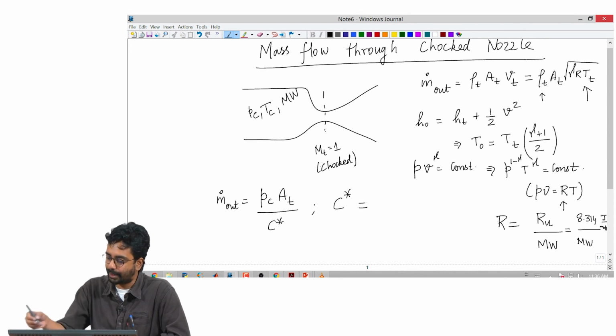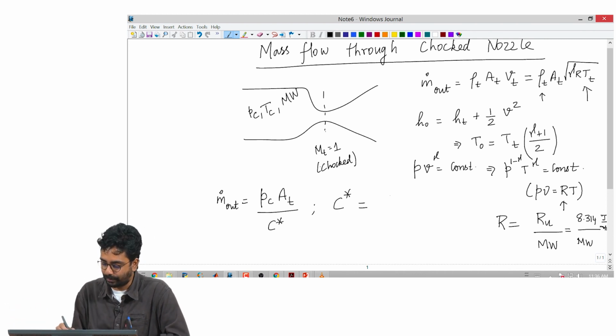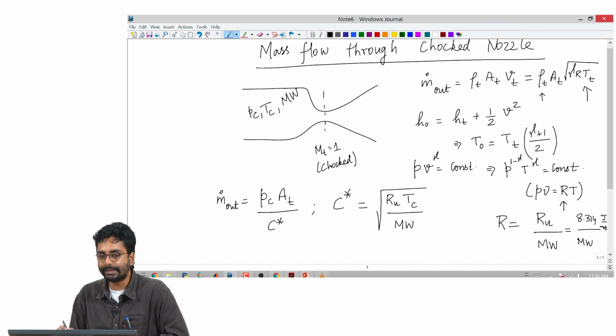If you do the algebraic manipulation, which I am skipping, you can show that C star is the square root of R, the universal gas constant, multiplied by the temperature in the chamber, divided by the molecular weight of the gases entering the nozzle, divided by a function of gamma.